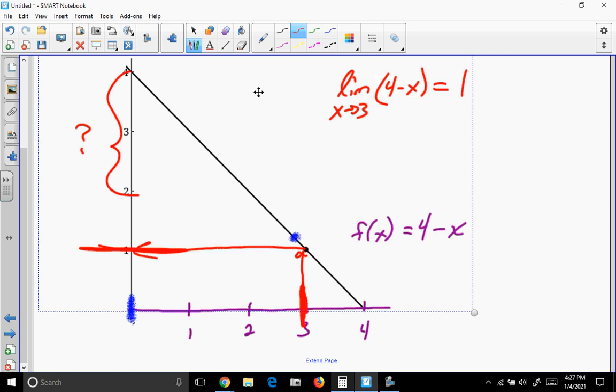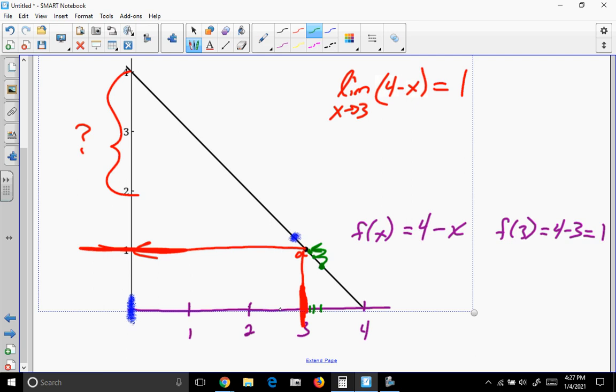Now in this case, the limit and the function are the same value. If we substitute a 3 into this function, we get an answer. And if we were to make a table like we did in the previous problem, if we picked points a little bit to the right of 3, our y values would be getting closer and closer to 1.